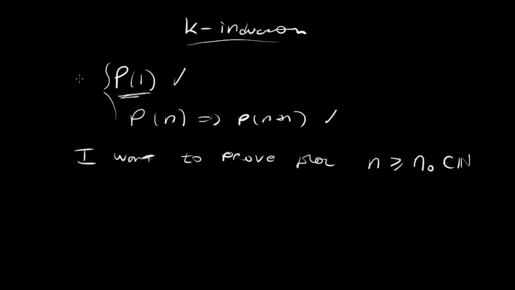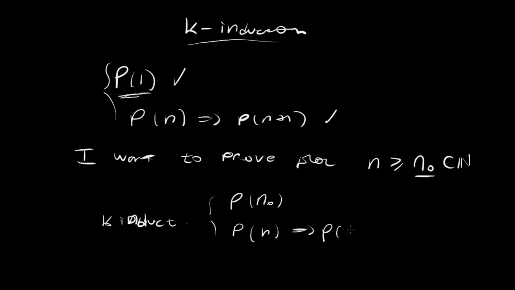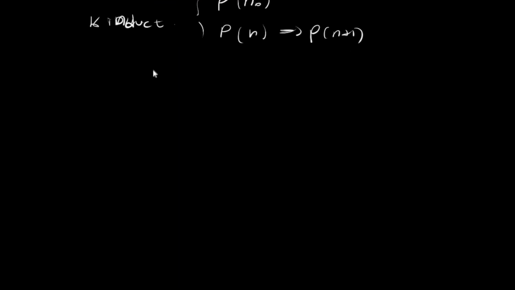K-induction is, well, prove it for your first element, so P of n0, and now do the usual: P of n implies P of n plus 1. So the first example will be, let's say we want to prove that 2 to the n is greater than or equal to n squared.